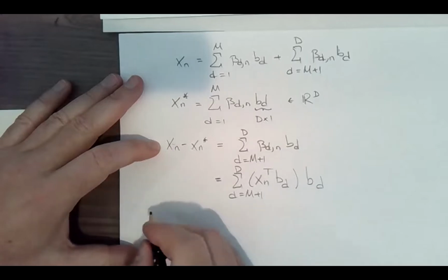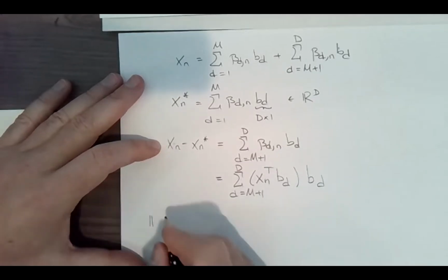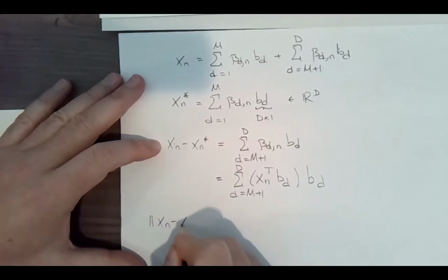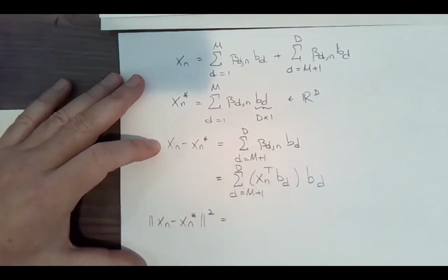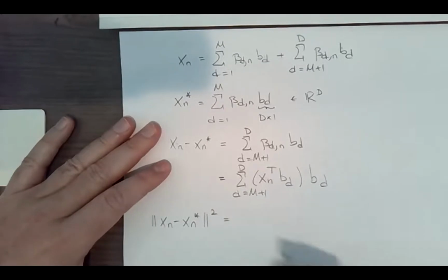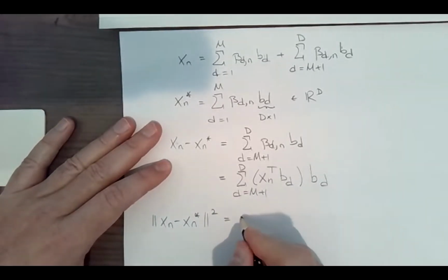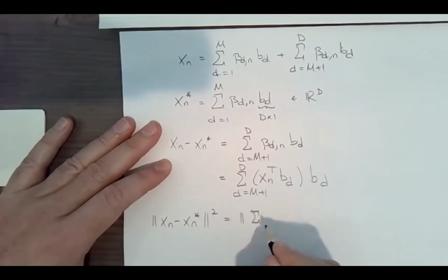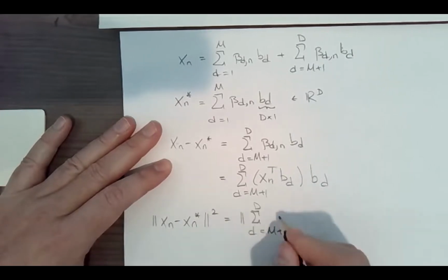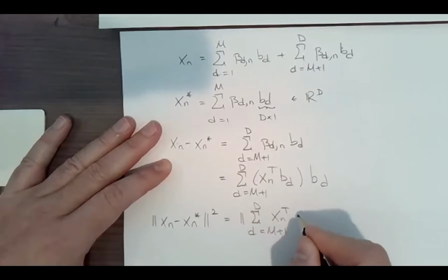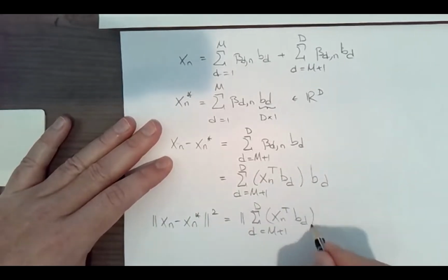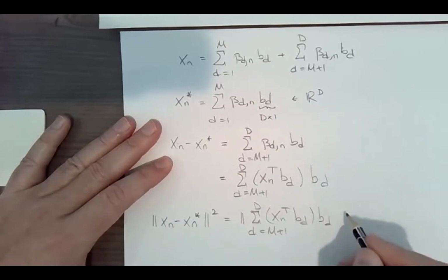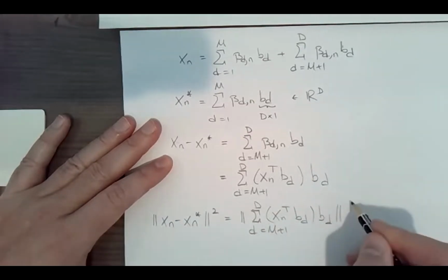I want to choose these basis elements to make this difference small. Okay, so let me look at the difference. The norm, say squared, what is it going to be? Well, it'll be that mess we have here times bd, squared.